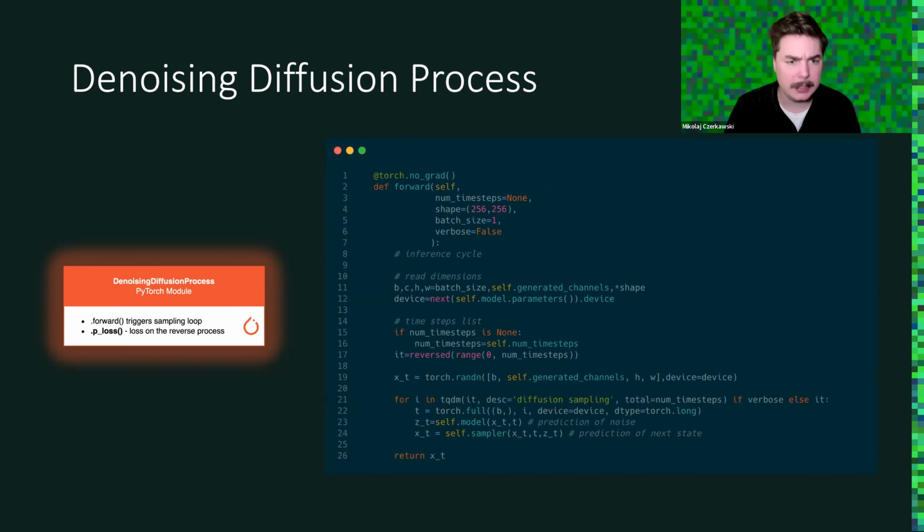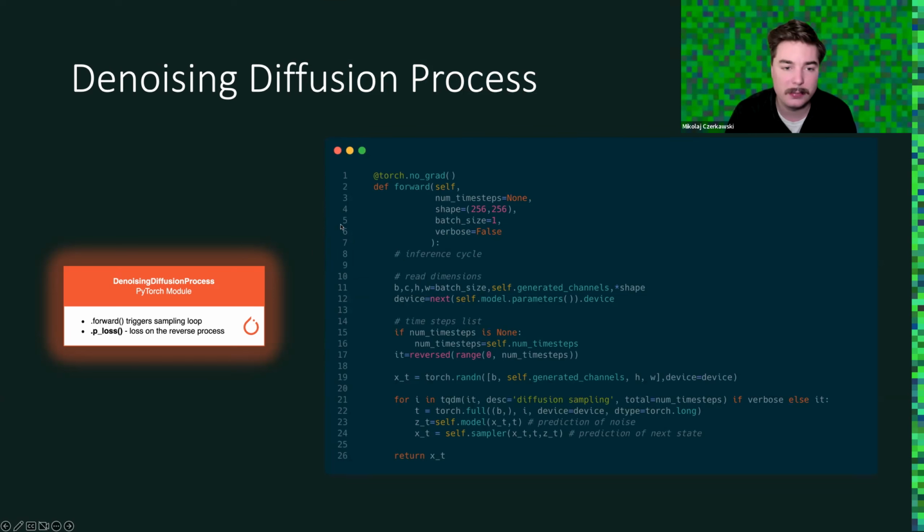Next is the forward. What forward will usually do is actually trigger the full sampling loop to generate a new sample. So I thought it would be quite convenient to just call the denoising diffusion process to actually generate a sample rather than do something else.